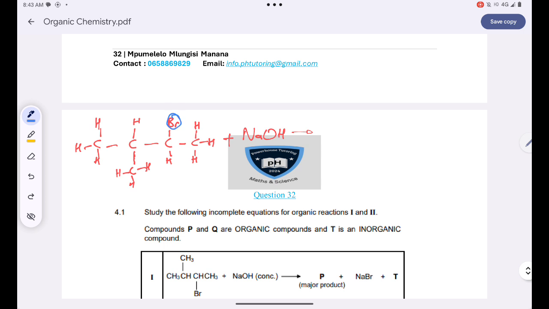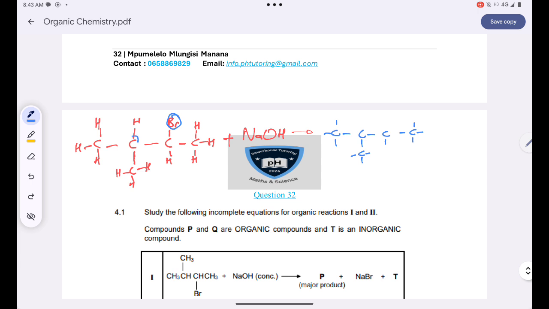So I want to know which one of the hydrogens will be eliminated. This one or that one. Whenever I'm dealing with elimination, I'm going to apply Zaitsev's elimination rule. Zaitsev's elimination rule simply tells me that I will always take a hydrogen from the carbon that has the least number of hydrogens.